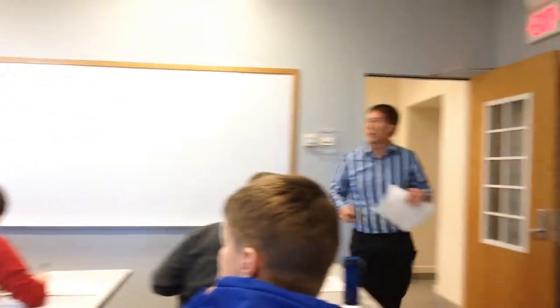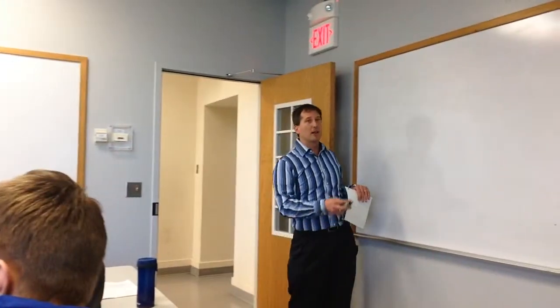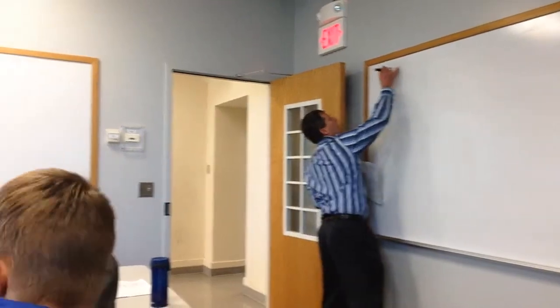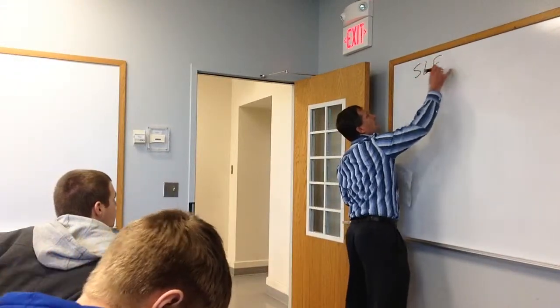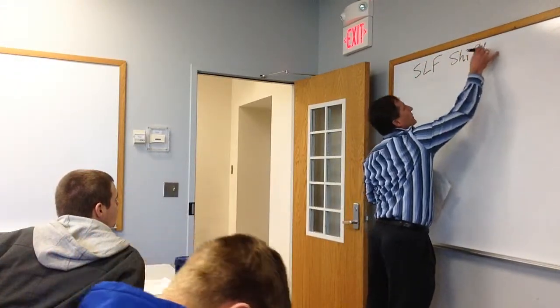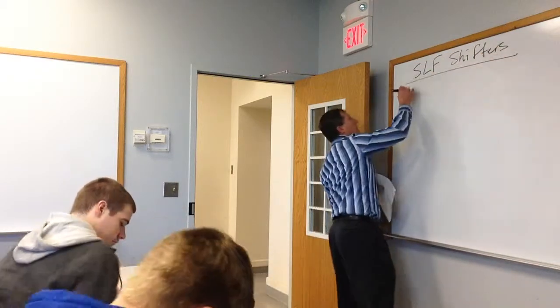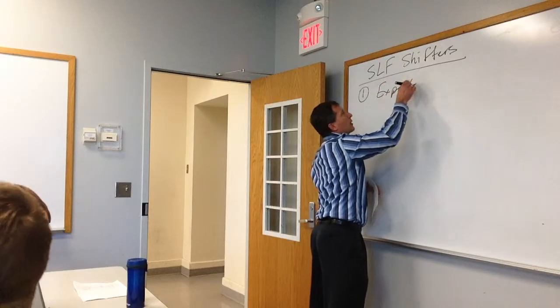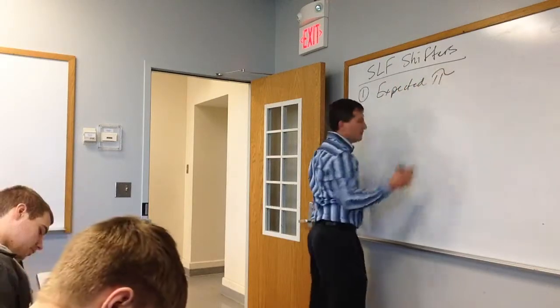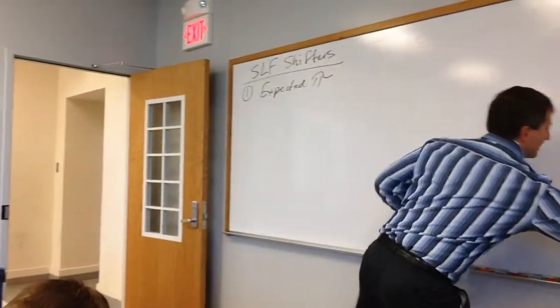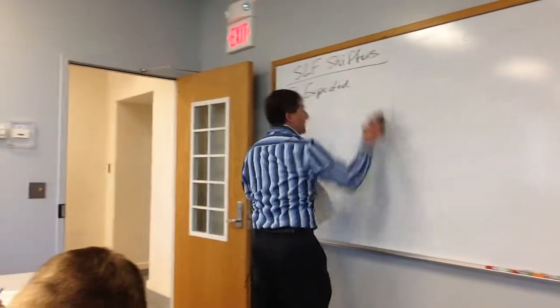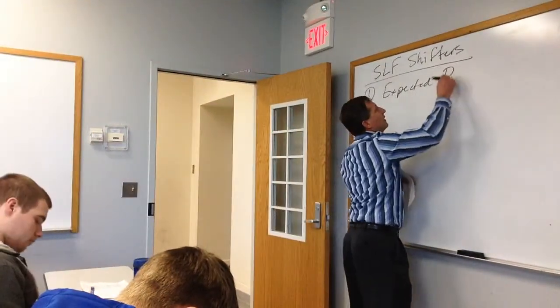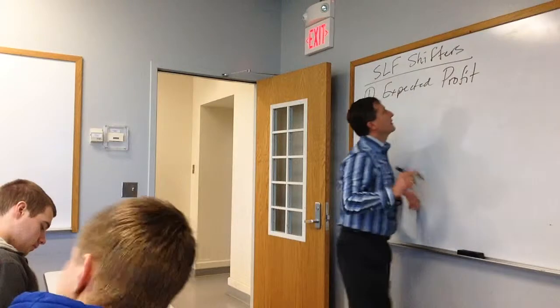All right, so these are important variables that follow the word given that end up being our shifters. So let's just cut to the chase here. The supply shifters, there's only one with this particular one, and that is expected profit.